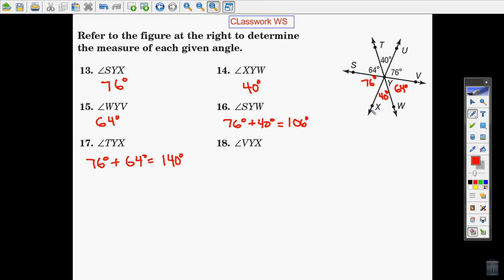Finally, with VYX, we're going to simply take 64 degrees and add it to 40 degrees to get our total. Which would give us 104 degrees. And I noticed now that I did make a mistake up here. This should be 116.